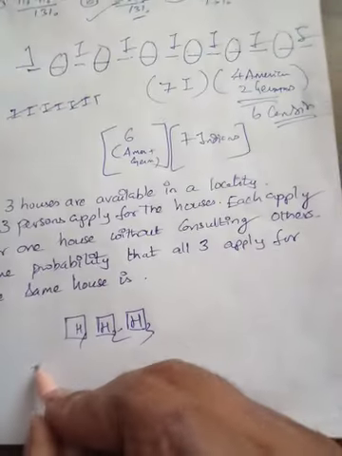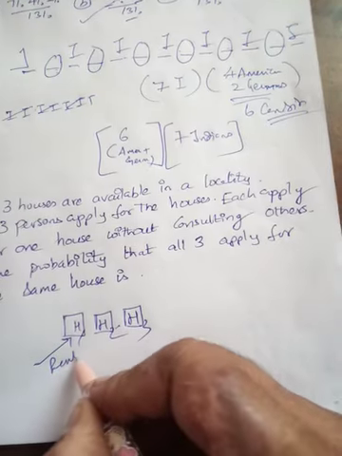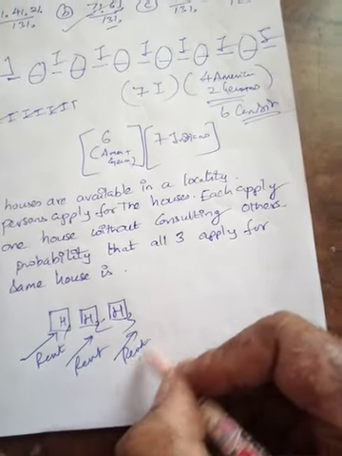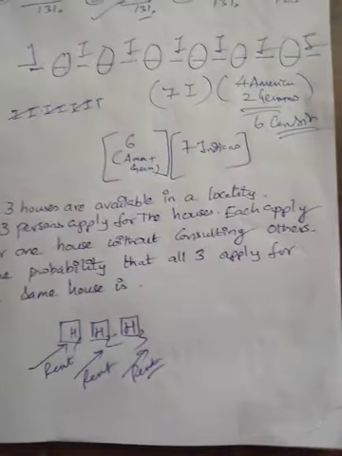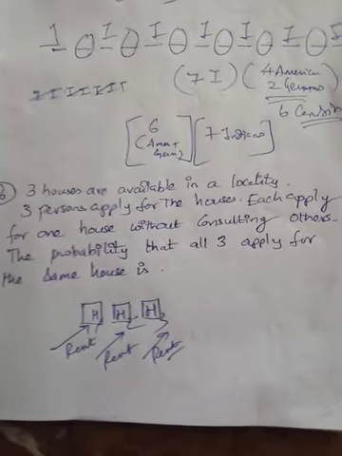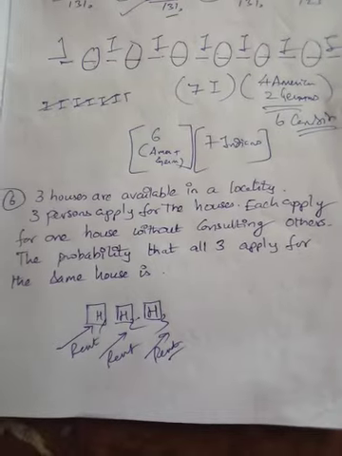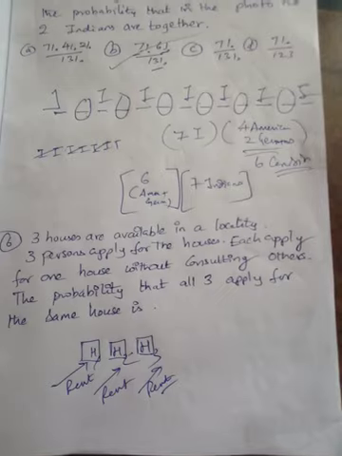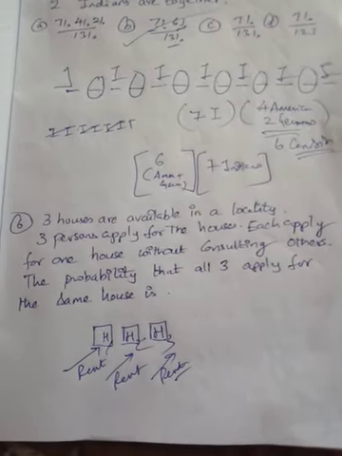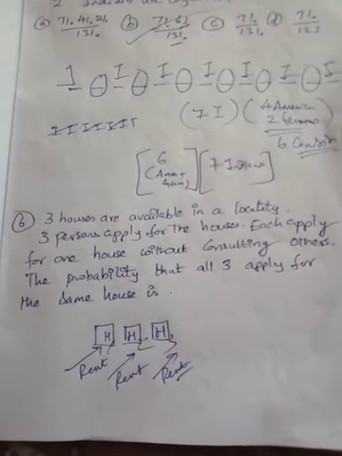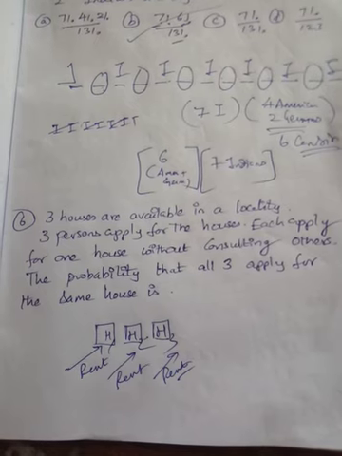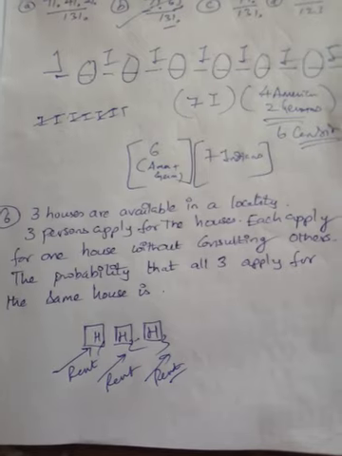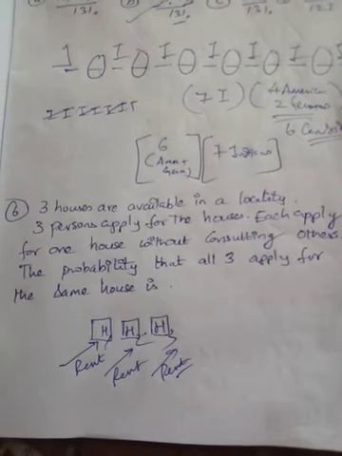That means each person wants to take a house on rent, without consulting the others. They cannot consult because they are different persons. So 3 persons without consulting each other have applied for 3 houses in one locality. The question: what is the probability that all the 3 apply for the same house?